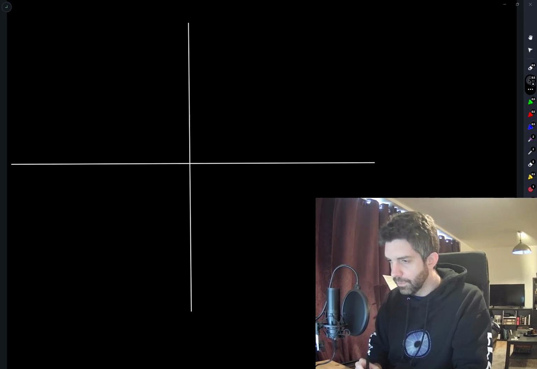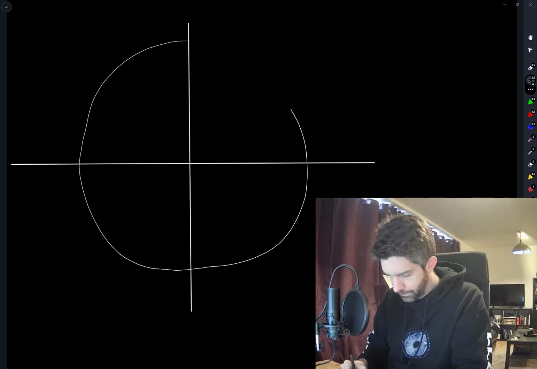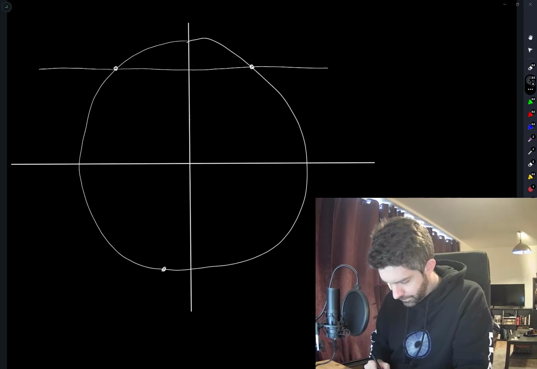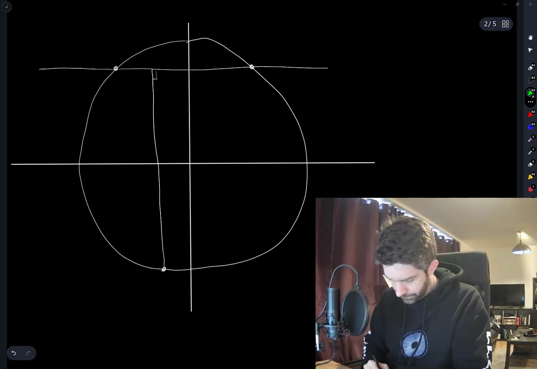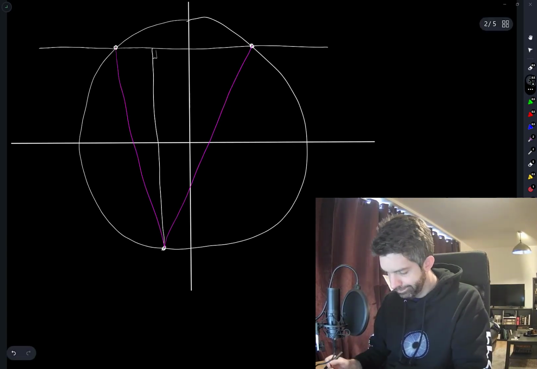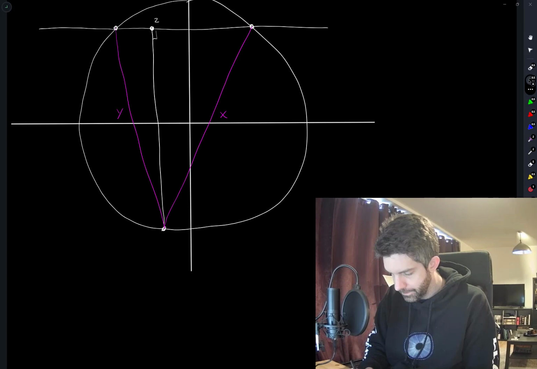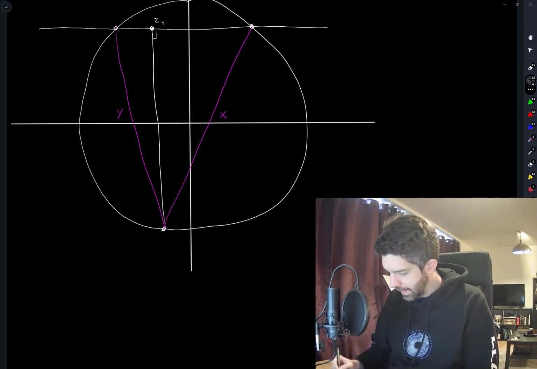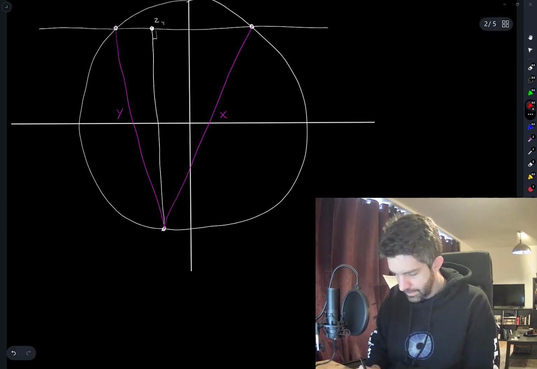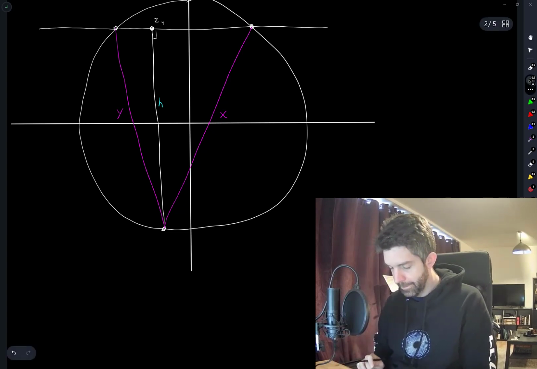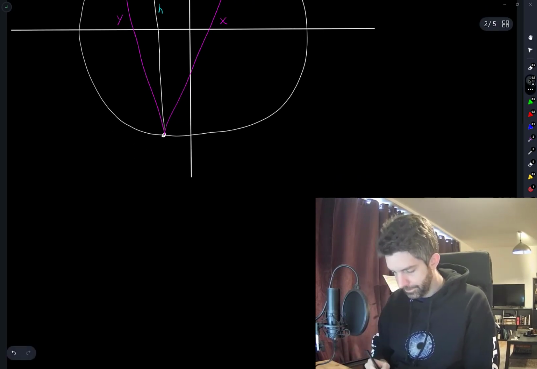Again, it's going to be really difficult to work in the radius part of this, but I'm going to call this point Z4, and H will be the height or the length of that perpendicular.